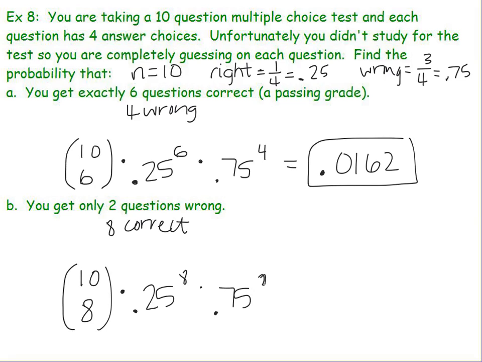And there's 2 wrong answers. Type that in the calculator. Comes out to be a pretty small decimal. The chances of you getting 8 correct guessing is 0.0004. Pretty small number.